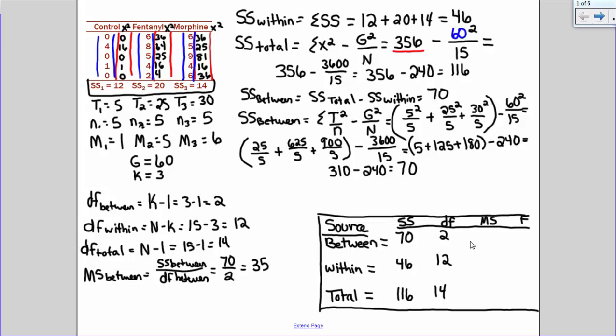So just stick that right there. Then my mean squared within is equal to my sum of squares within divided by degrees of freedom within. So 46 divided by 12, and I end up with 3.833.